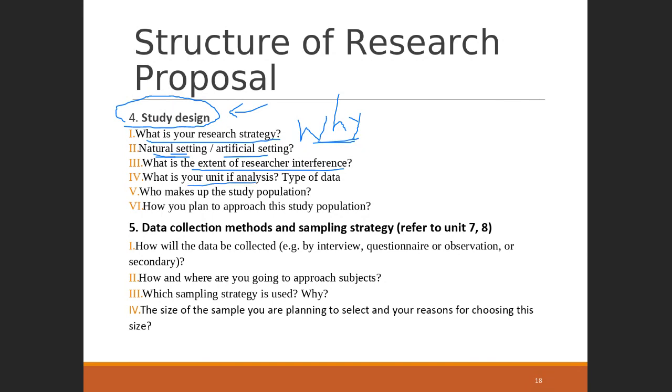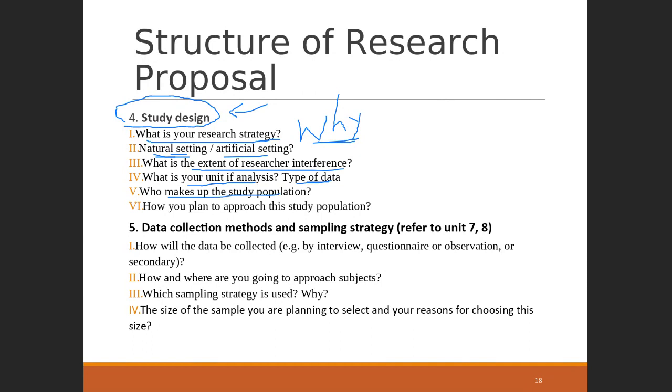Are you doing research on individuals or organizations? You need to mention this categorically. For instance, many students who are conducting research through secondary data are using countries as a unit of analysis. So you need to mention your type of data as well. Are you going for primary data or secondary data?